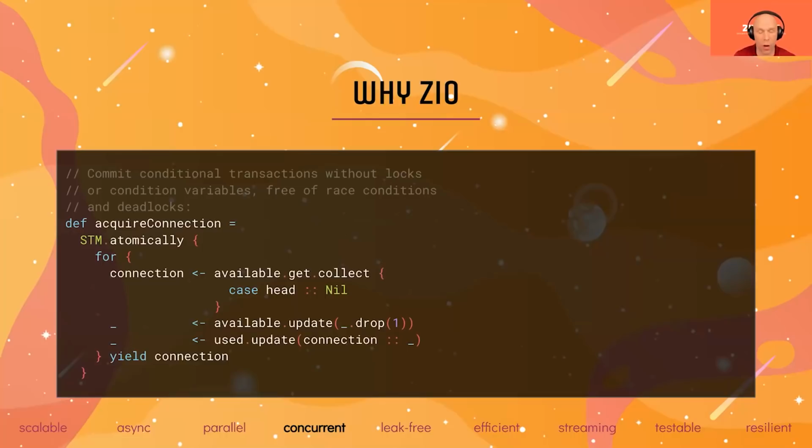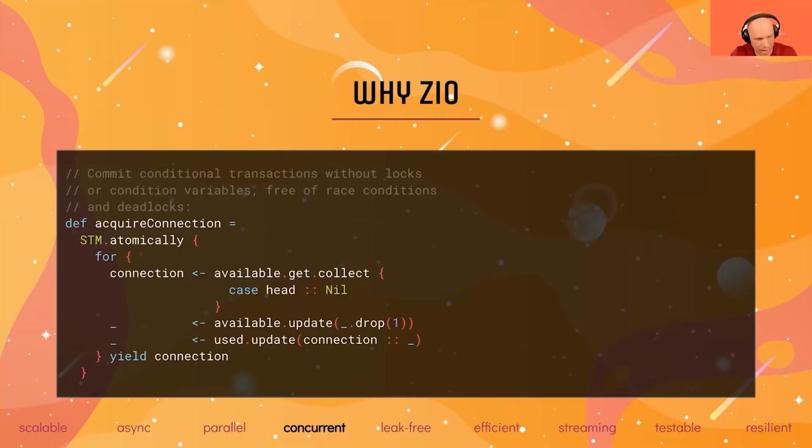In this snippet of code, we're using something even more advanced in ZIO called STM. And STM actually gives you transactions. It gives you database-style transactions on memory on a local computer node. And the benefit of that is that the type of transactional support it gives you is capable of waiting for conditions to be met.